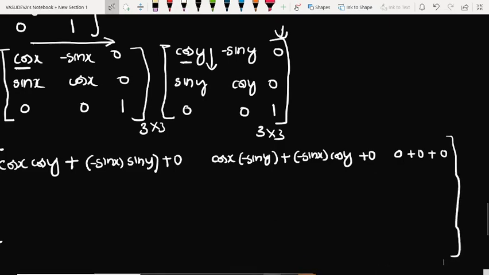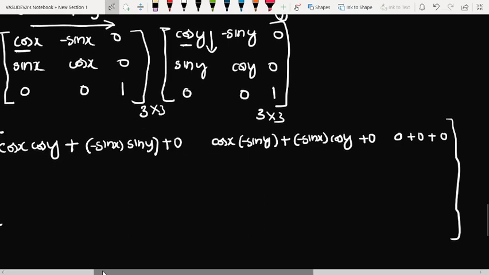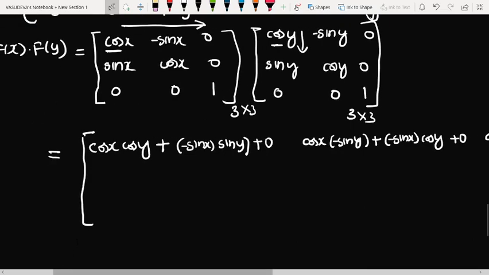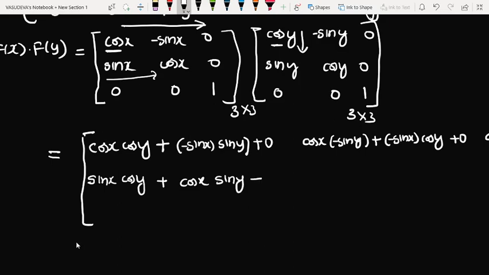Now considering the second row and the first column: sin x into cos y plus cos x into sin y plus 0.